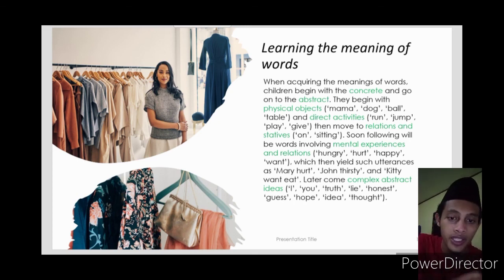So hungry here is their experience. From this experience, they can know that they want to eat. So after the concrete words, they will know abstract ideas. For example, "I walk," or "you are happy," or "I am honest," and the others.